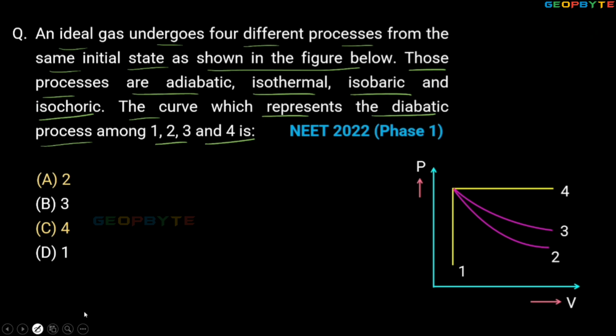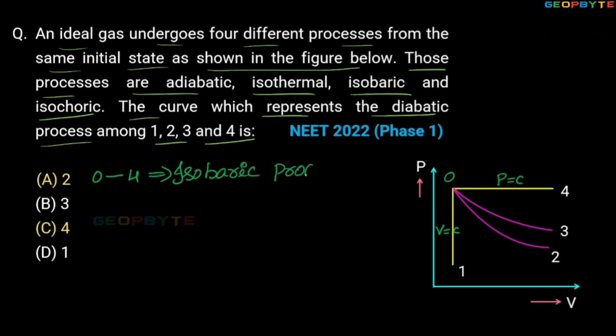Look at the given curves. For the given curves, I can write that the fourth curve is a constant pressure process, means isobaric. One is a constant volume process, means isochoric. Here, if I assume this is 0, then 0 to 4 is the isobaric process.